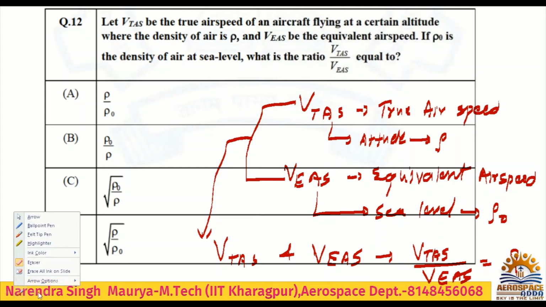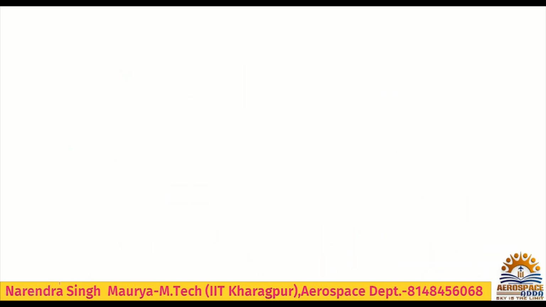As I said, I will give that graph for all types of speed: indicated airspeed, calibrated airspeed, equivalent airspeed and true airspeed. So you will understand, it's very easy. Now see. The first speed is indicated airspeed.